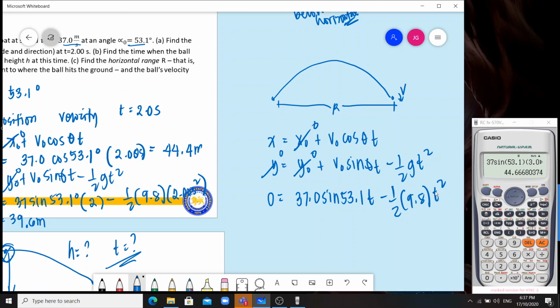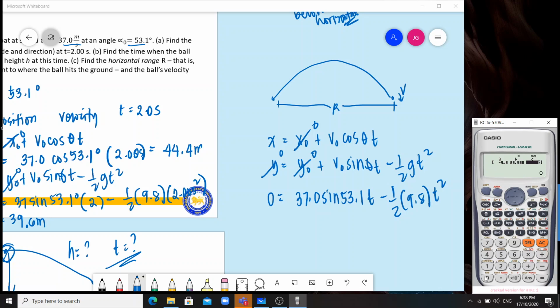Ngayon, dahil ito ay quadratic equation, mas madaling gamitin kung dito tayo sa equation. Ayan. Tapos, in this format, okay, a is negative 1/2 9.8. Okay. And then, next b is 37 sine 53.1.